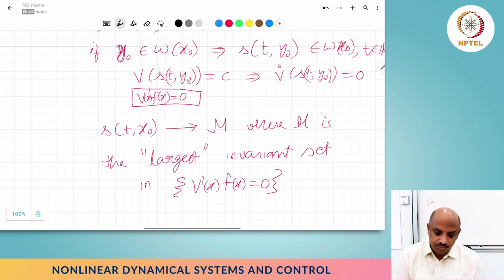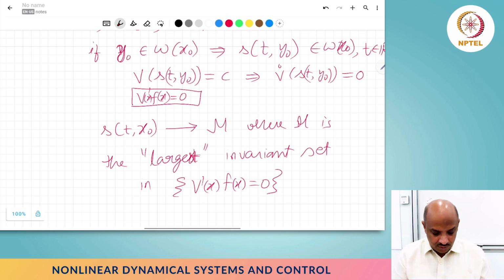So what do we mean by largest in terms of inclusion? Basically, if we have two sets, the union of the two sets is going to be bigger than each one of them. That's the logic we use. So when I say largest, basically pick all the union of invariant sets within this.